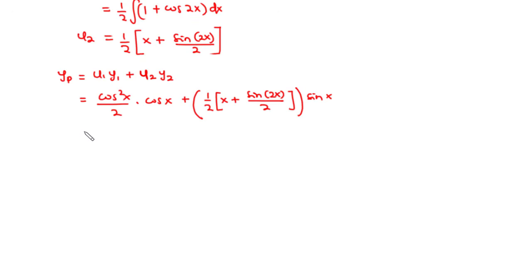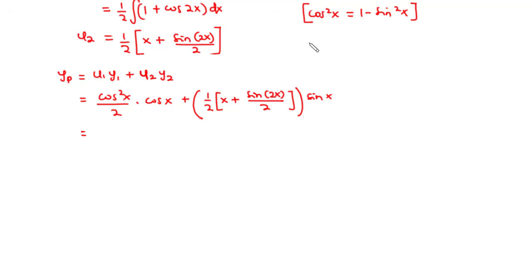So let's try to simplify this. From the trig identities, we know cos square x plus sin square x is equal to 1. What this primarily means is that cos square x is equal to 1 minus sin square x.